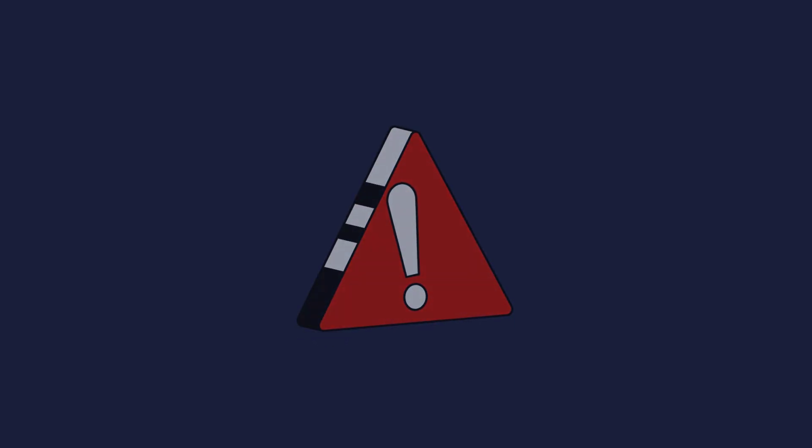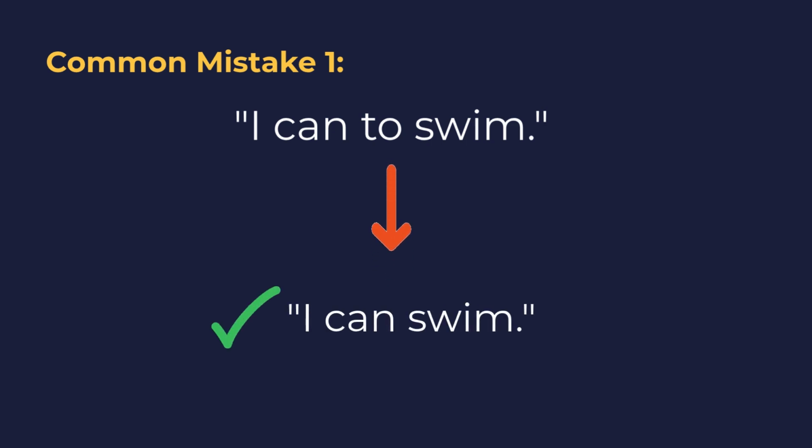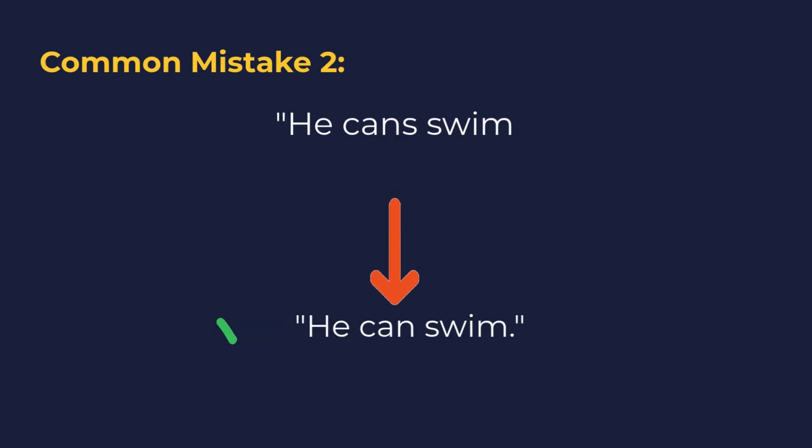We can also watch out for simple mistakes. One big one is adding to after a modal verb, like can. You can never say, I can't to swim. You just say, I can swim. Another common mistake is adding s to these modal verbs when talking about he, she, or it.